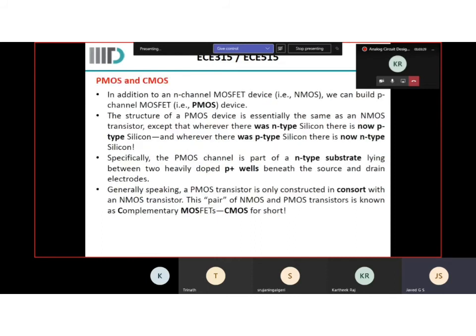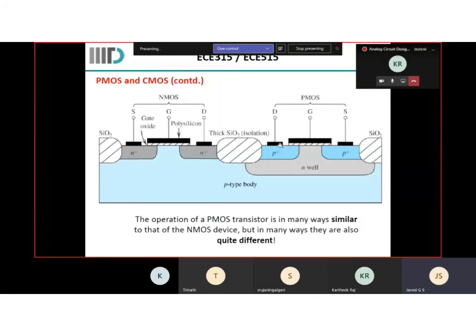Now, when do you build a CMOS? When on a single substrate you have both PMOS and NMOS present in the same fabrication technology, it becomes a complementary MOSFET, where a pair of NMOS and PMOS is generated. This is what I was talking about.